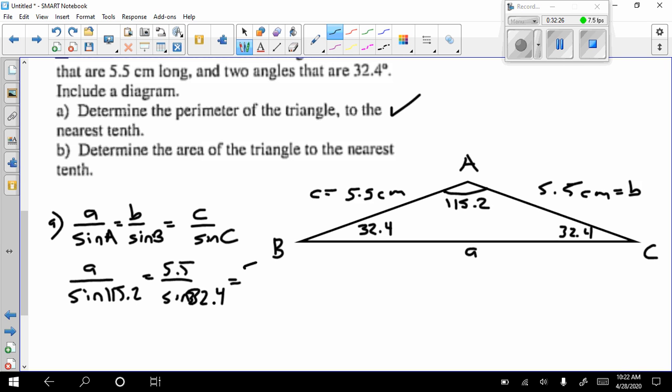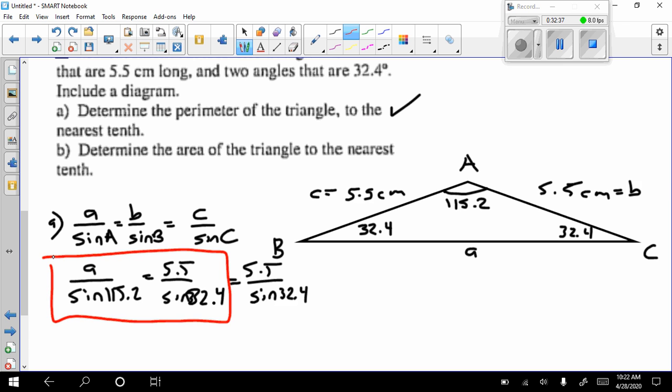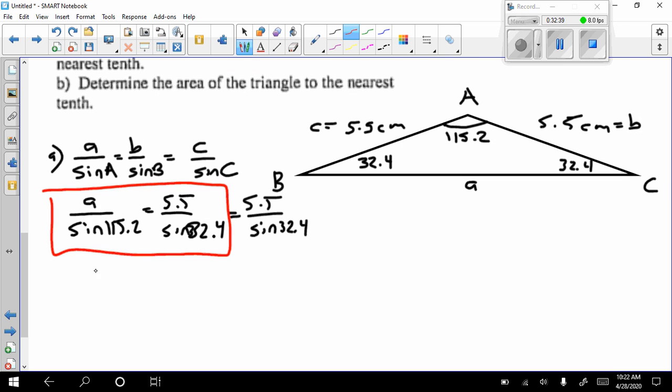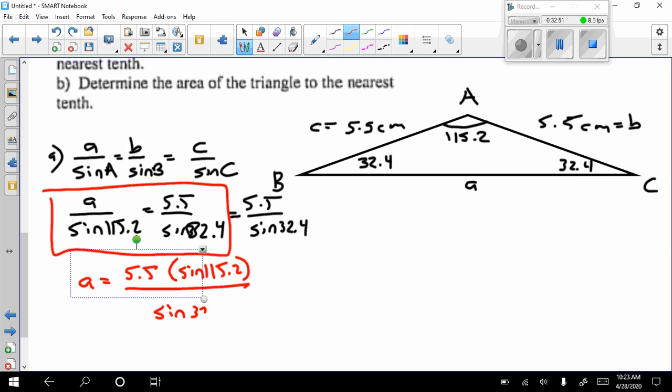So obviously we don't need both of those. Let's work with this one right here. And so I can get a by itself by going a is equal to 5.5 times sine of 115.2 divided by sine of 32.4. And when I type that into my calculator, I get 9.3 centimeters.